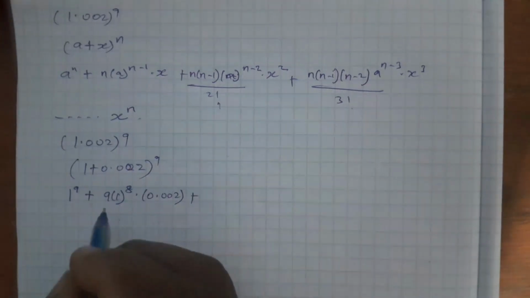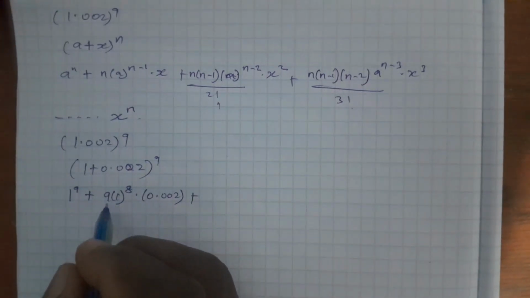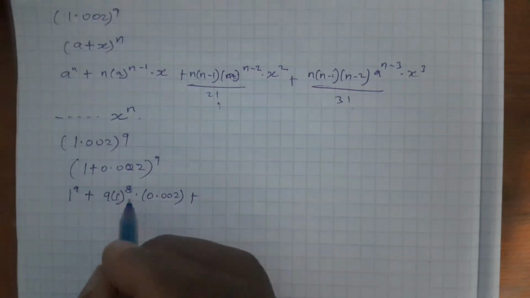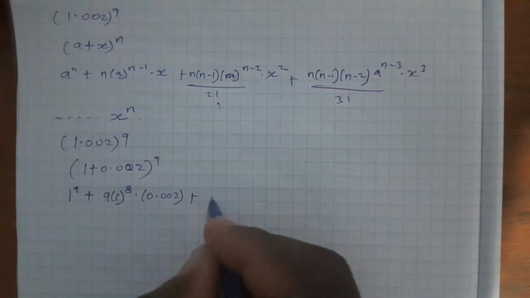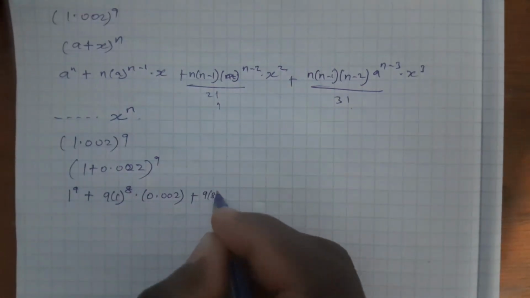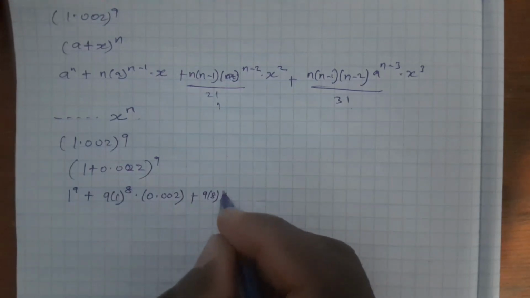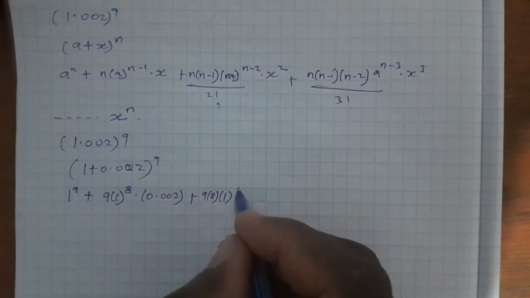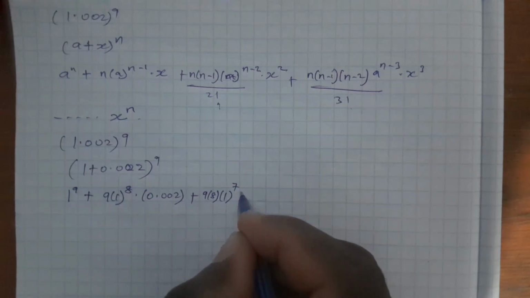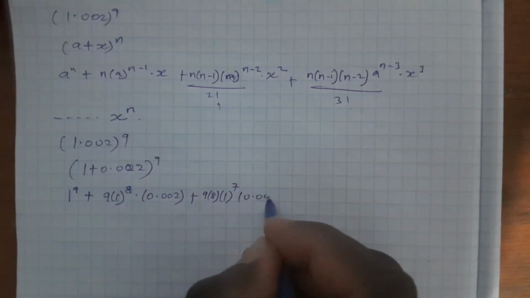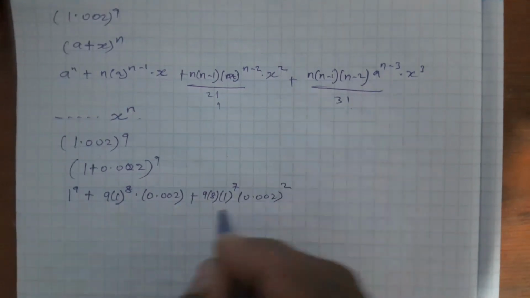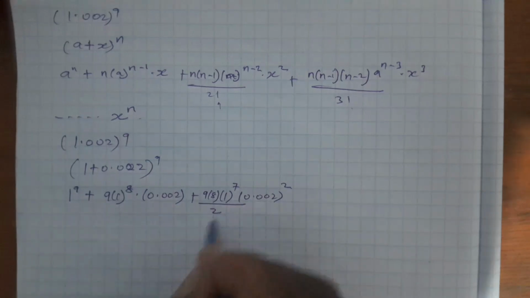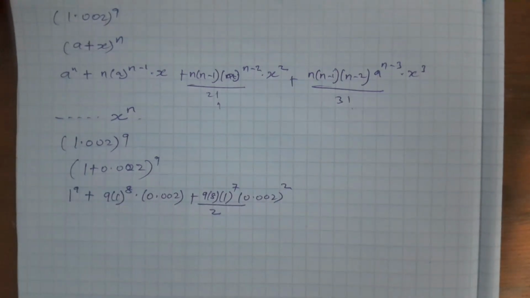Plus 9 times 8, and you will now have 1 raised to power 7, times 0.002 raised to power 2, and this is divided by 2 factorial, which is 2 times 1.